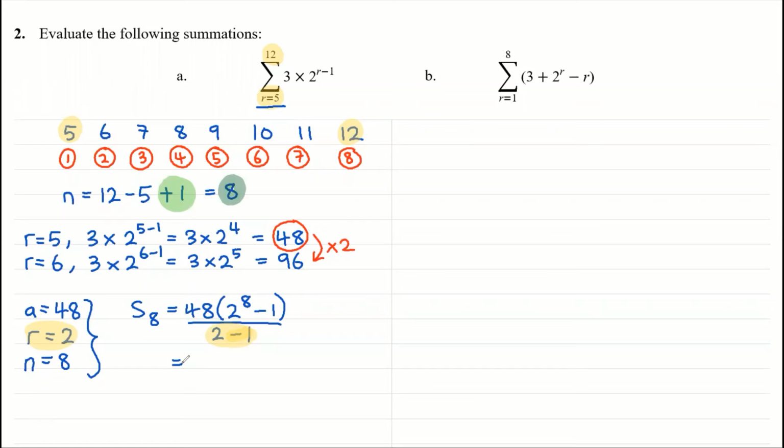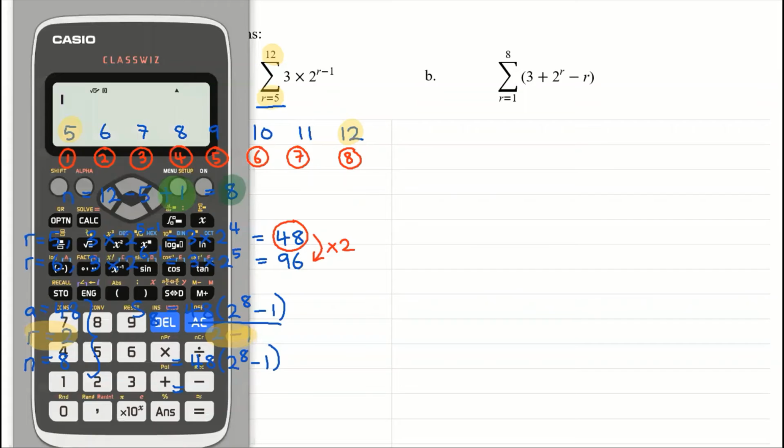So this is going to be 48 multiplied by 2 to the power 8 subtract 1, and we just need to evaluate this. So let's get our calculator. Let's move it over.